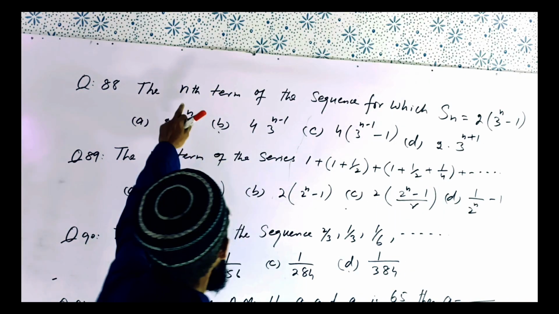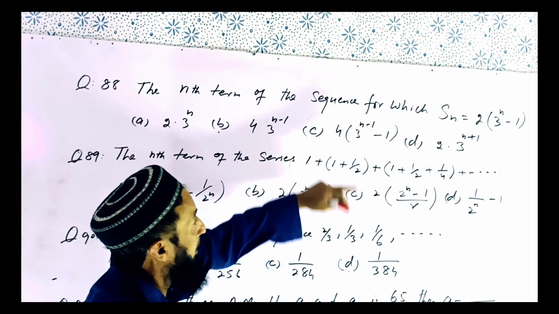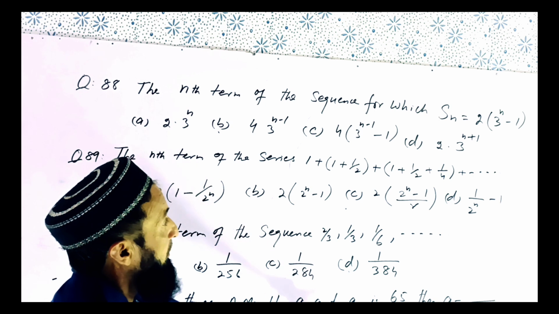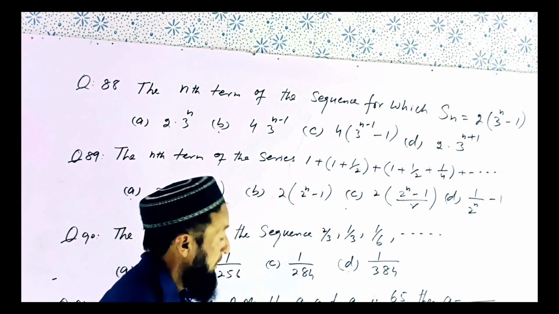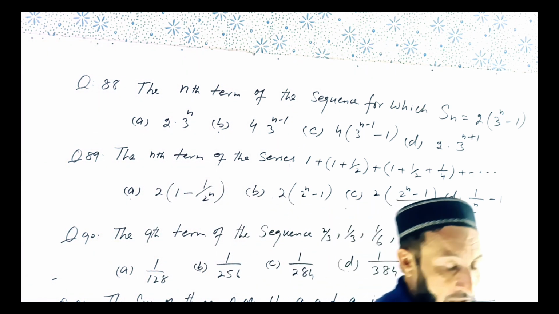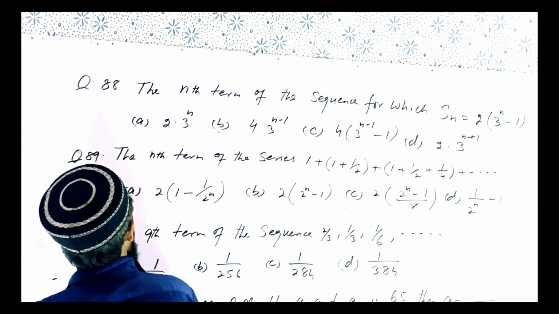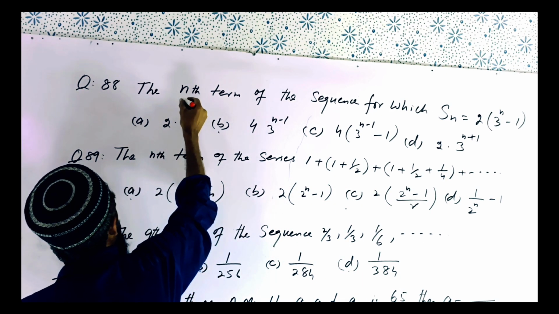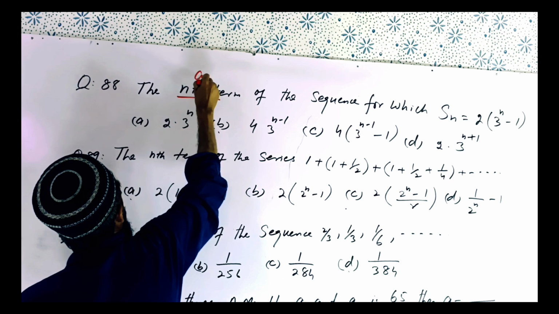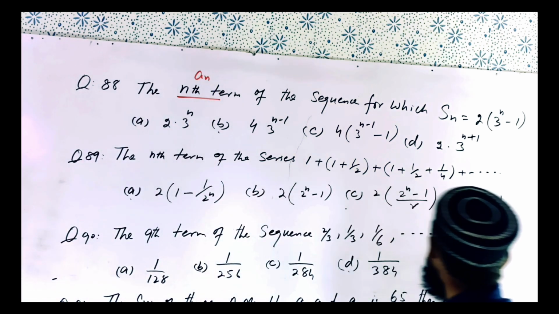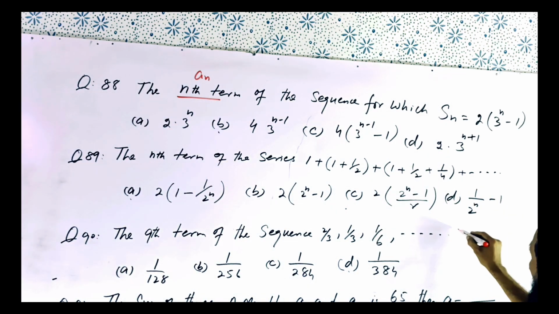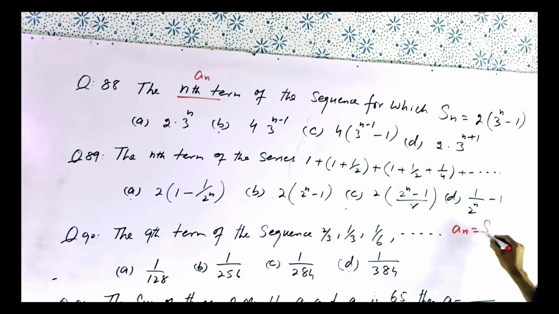For question 88, the nth term of a sequence is required, for which the sum is given. So we need to find an. According to the formula, we know that an is equal to Sn minus Sn minus 1.